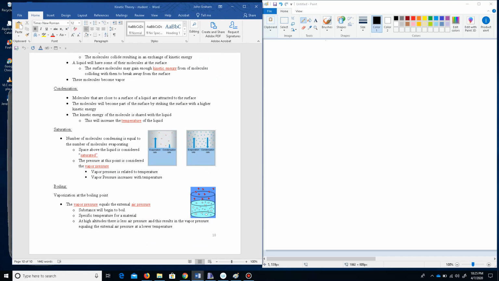Right, the last thing is boiling. This is vaporization at the boiling point, and this is when the vapor pressure equals the external pressure on the outside. And then the substance will begin to boil, and that's always a specific temperature given a material.